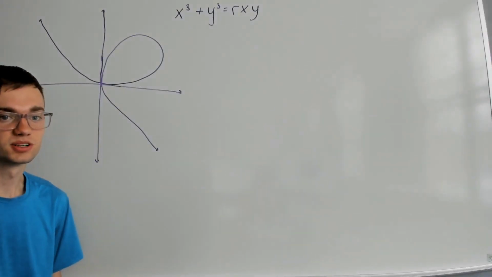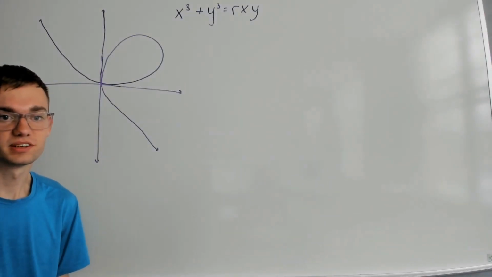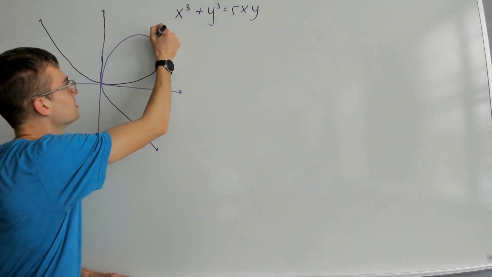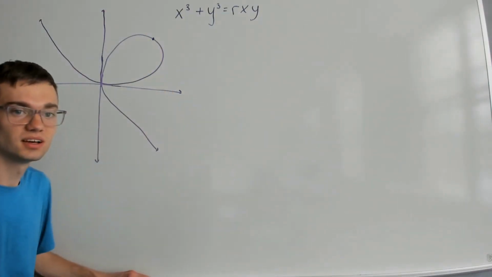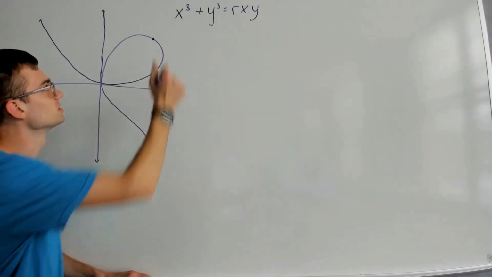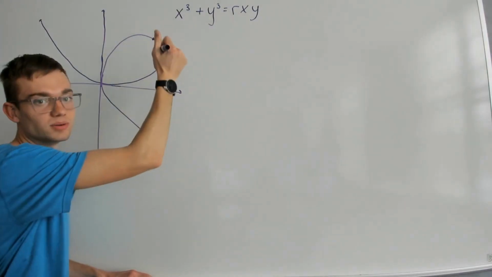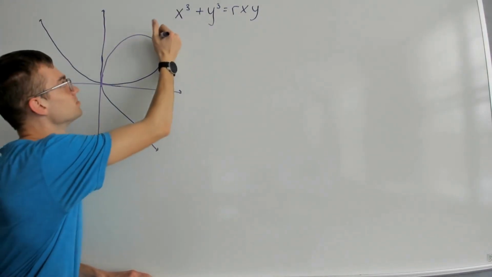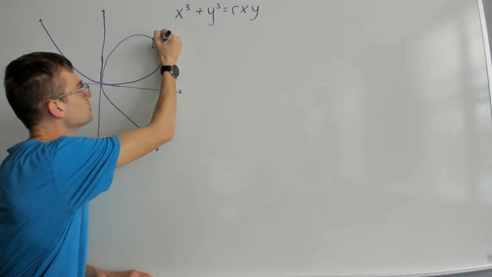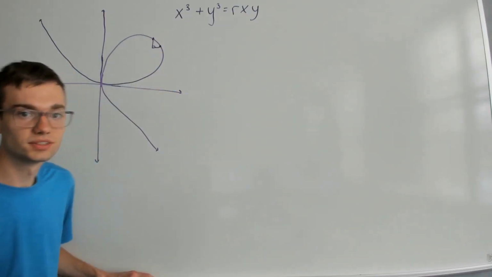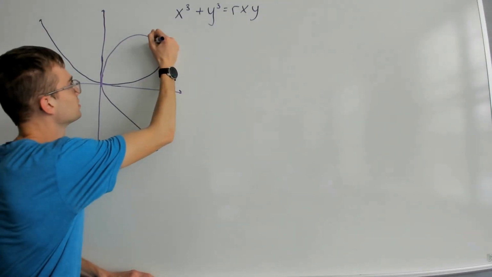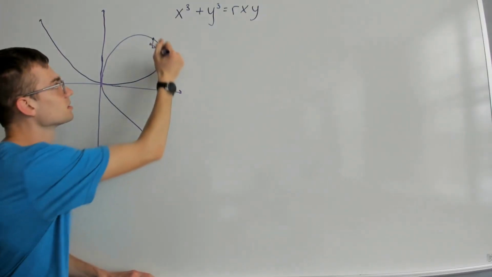To solve this, Barrow would have labeled the point that he wanted to find the derivative at. He then would connect it to another point close to it by what is called the differential triangle. The differential triangle had height a and length e.